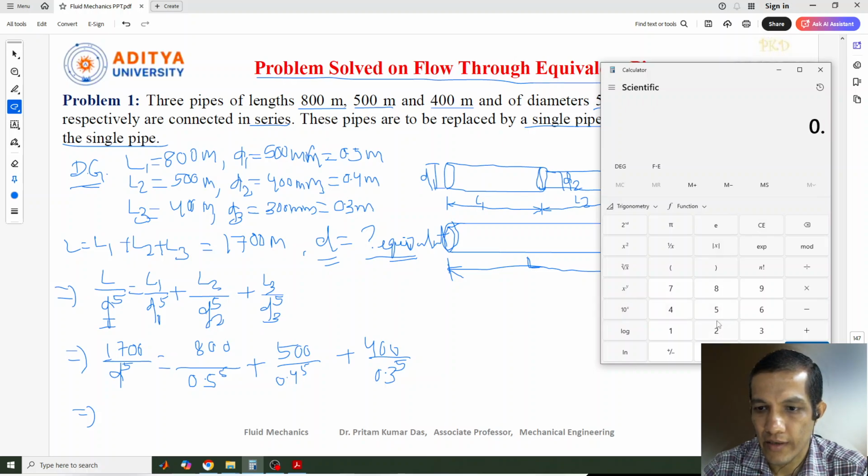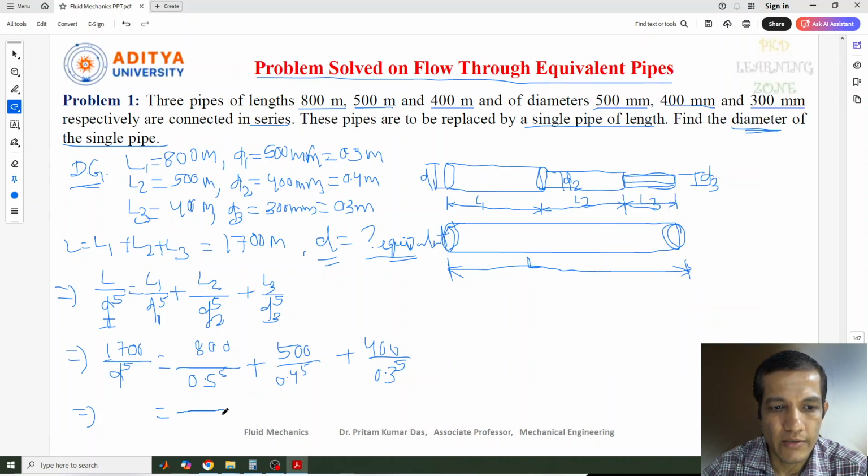One more time, let me try it. This is to the power 5, so 0.5 to the power 5 is 0.0312.